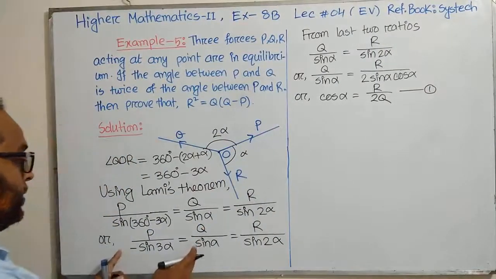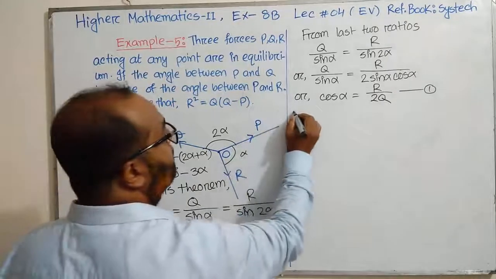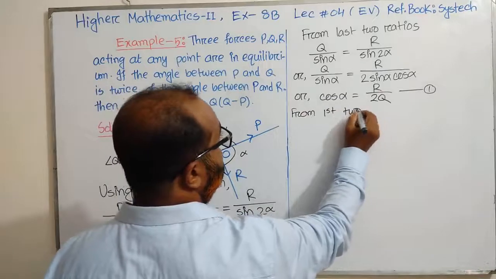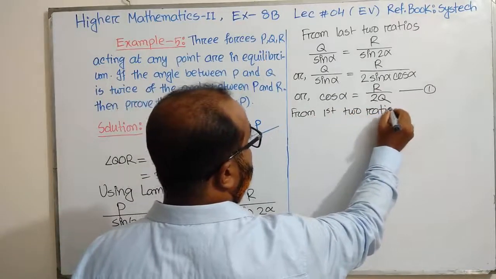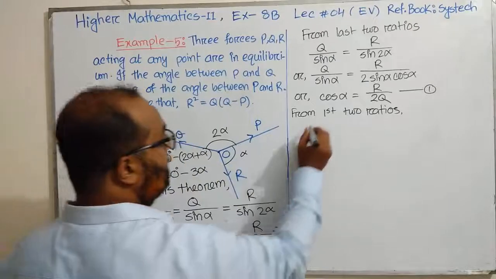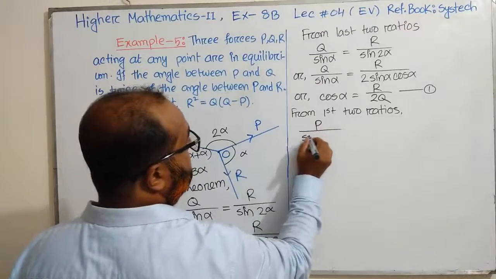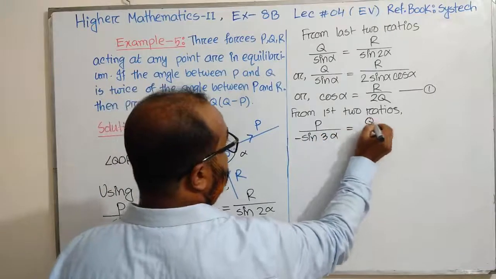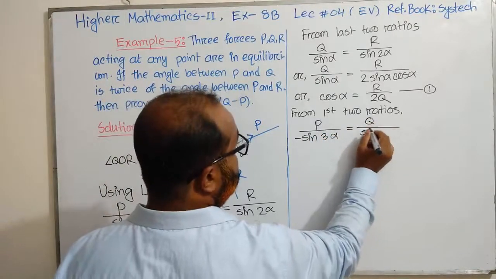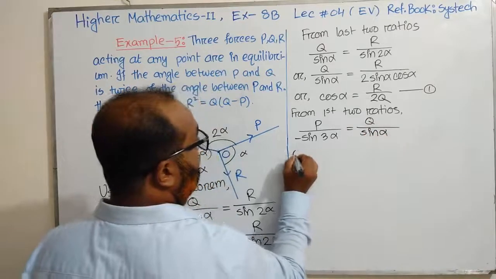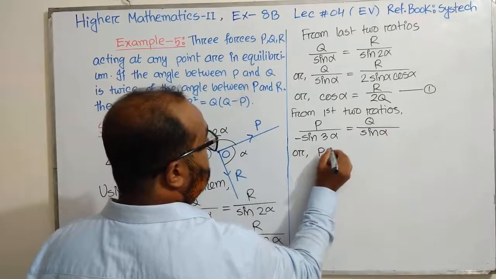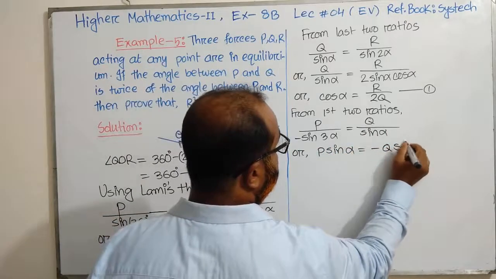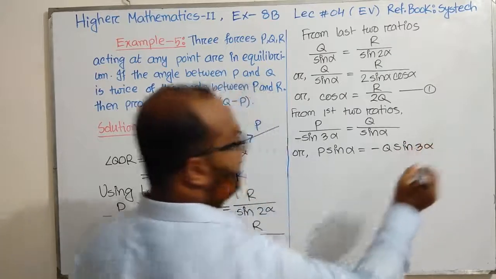Now taking the first two ratios, we can write P by minus sine 3 alpha equals Q by sine alpha, or P sine alpha equals minus Q sine 3 alpha.